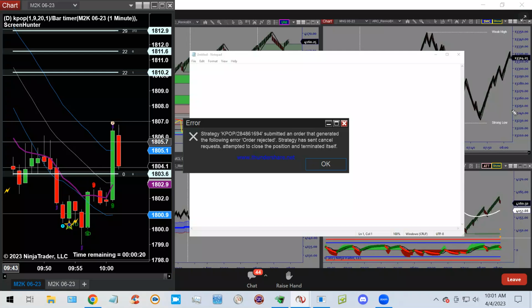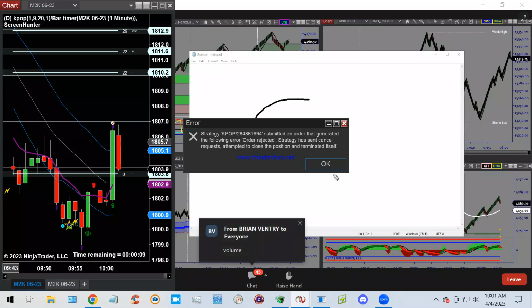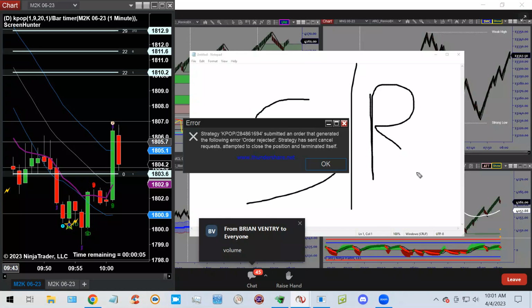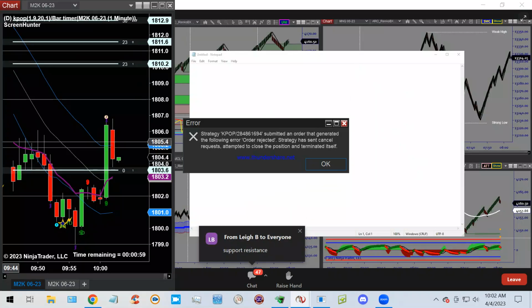If we're not using supply or demand as the primary, what do you think is the most important thing we should be looking at? I'm going to spell it out here. What do you think SR stands for? Support and resistance.